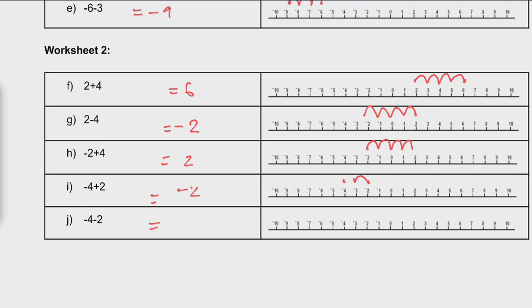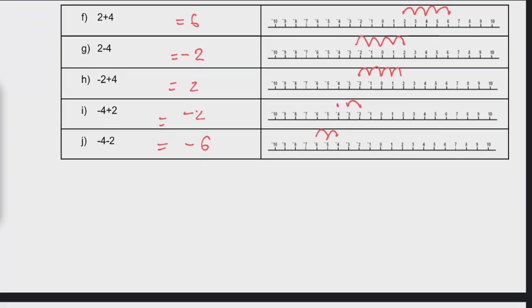For our final example on this worksheet, we have -4 minus 2. We start at -4 and go left 2 places: 1, 2, and we end up at -6.